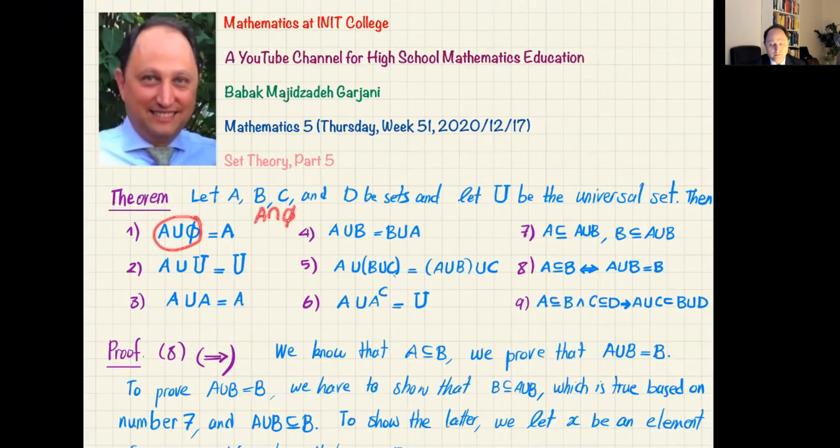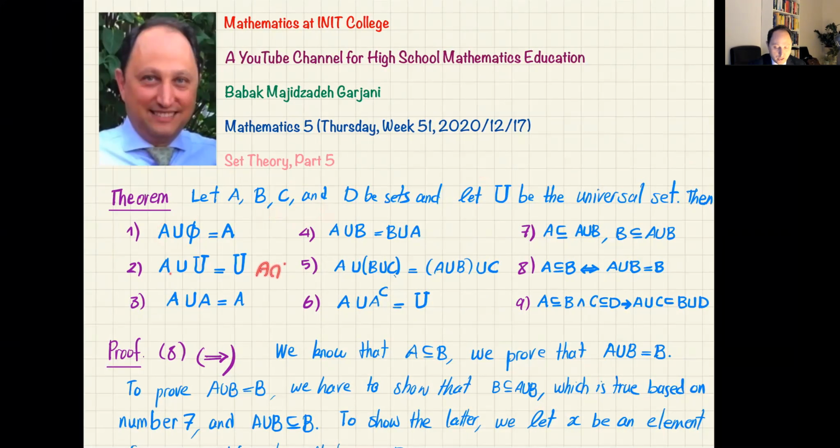The empty set. For example, the other one would be A intersection with the universal set. What would be the answer? A, the set itself, exactly. So I think that's a good exercise to think and write this theorem with 9 parts again, but this time for the intersection operation.